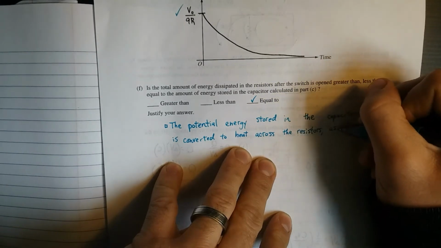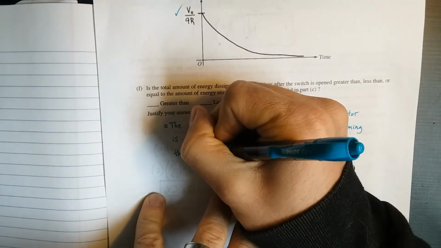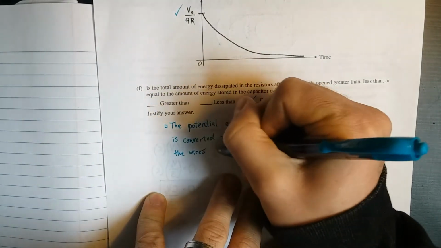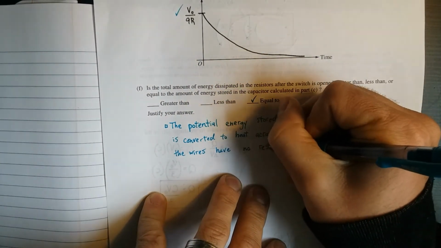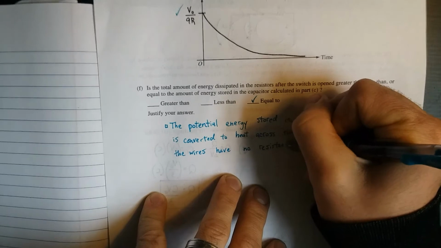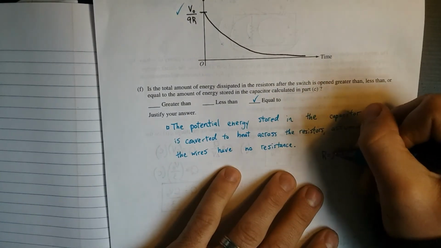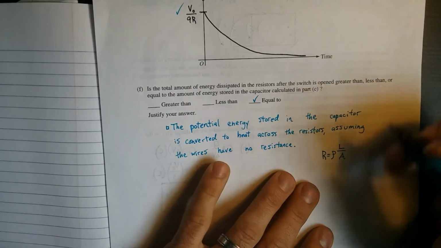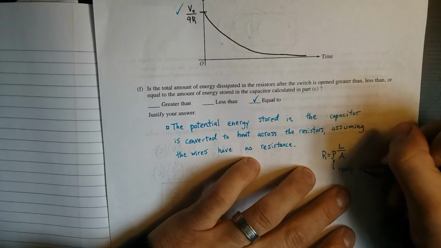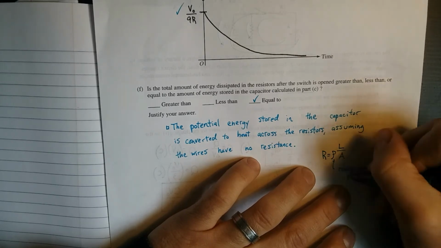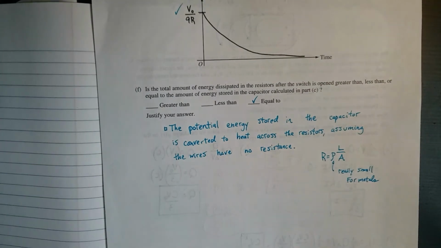And that's assuming the wires have no resistance. And usually that's a pretty safe assumption, that R equals rho L over A. The resistivity of those wires is really small for metals, but it's technically not 0.